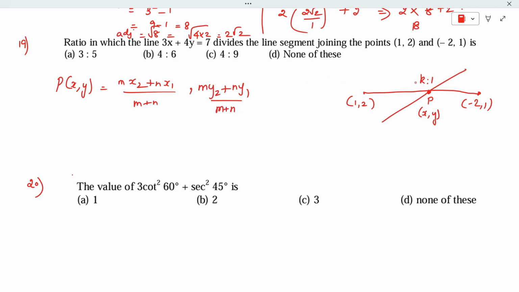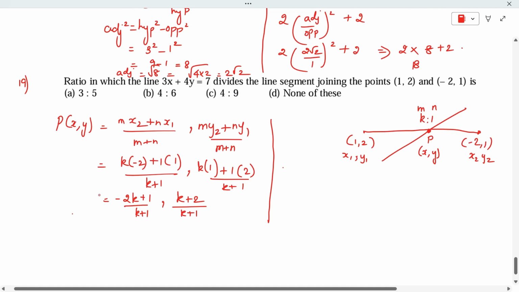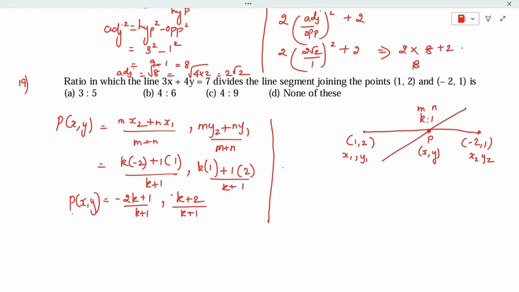Now m and n are the ratio k is to 1, so m takes the value k and n takes the value 1. I substitute the coordinates x1, y1, x2, y2, and I get the point (x, y).